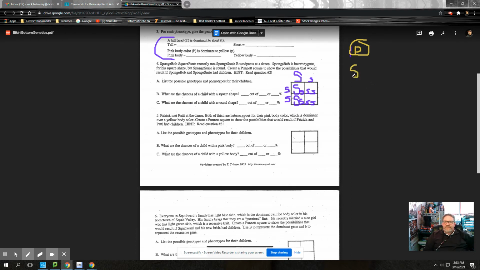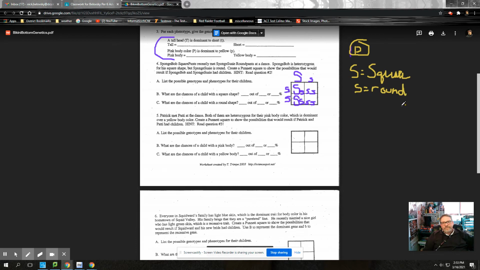Big S is equal to square. Little s is equal to round.